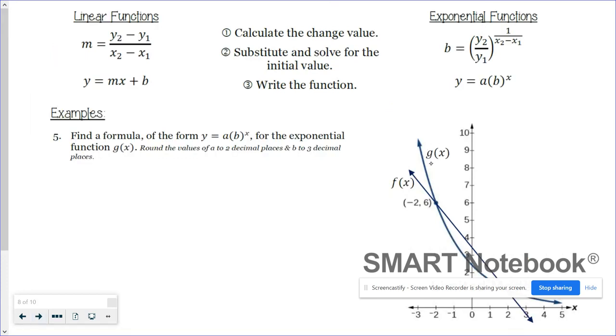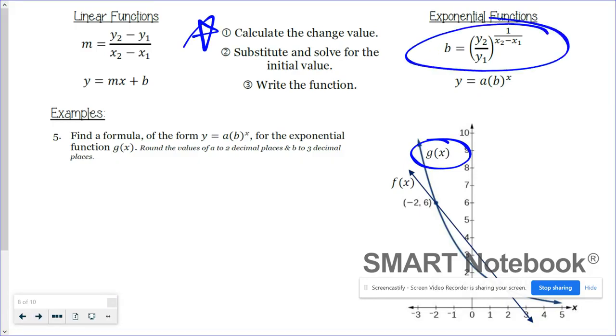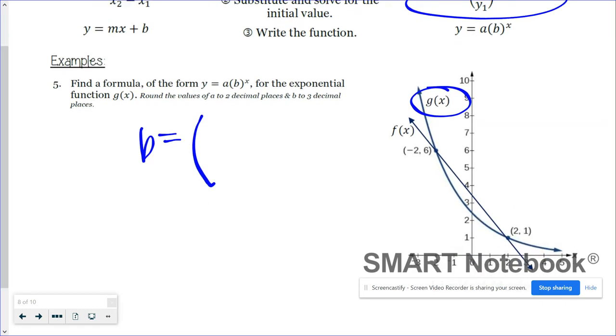In the graph over here, that would be g. Step 1, calculate the change value. I'm going to use my change factor formula: b equals y2 divided by y1. Remember, y2 was 1 and y1 is 6. Then I'm going to raise this to the power of 1 over x2 minus x1.